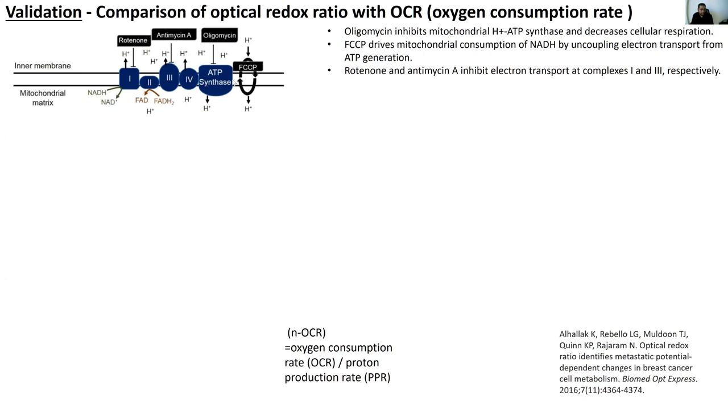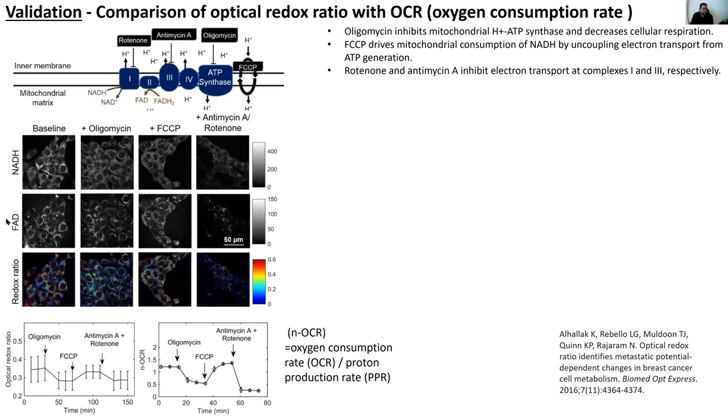They added oligomycin, which inhibits the ATP synthase. Then they added FCCP, which takes out the uncoupling from NADH, so they uncouple the transport chain. And then rotenone and antimycin, which block complex 1 and complex 3, and combined together, they change the metabolic pathway. This is what they saw in NADH and FAD.